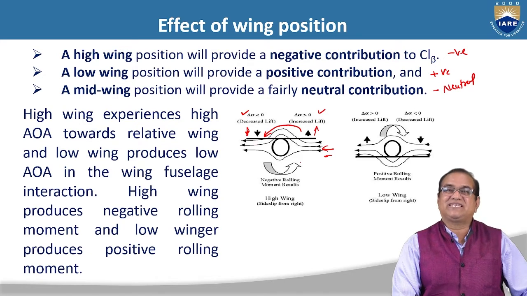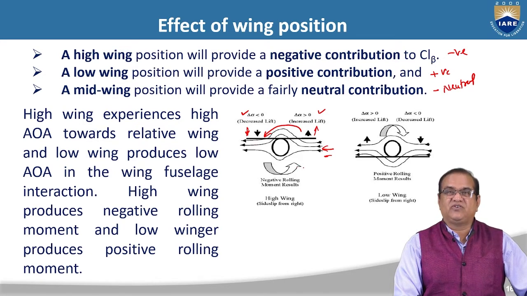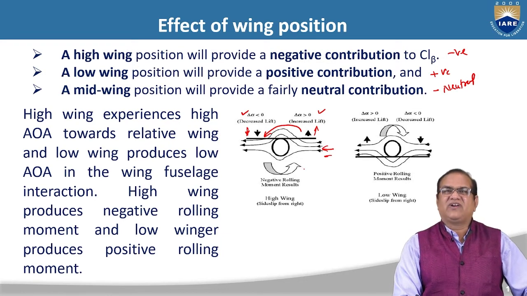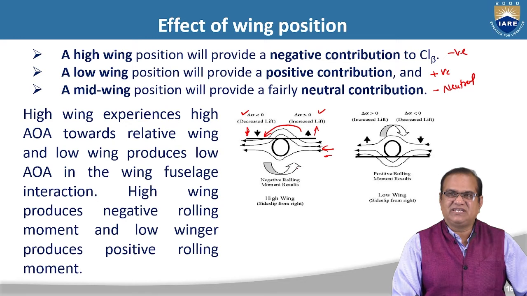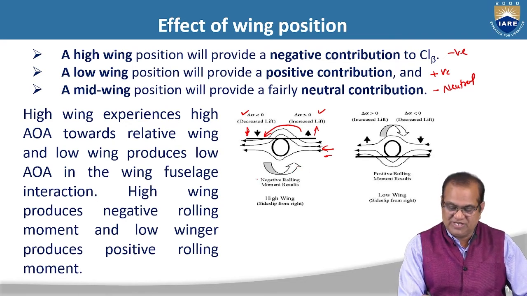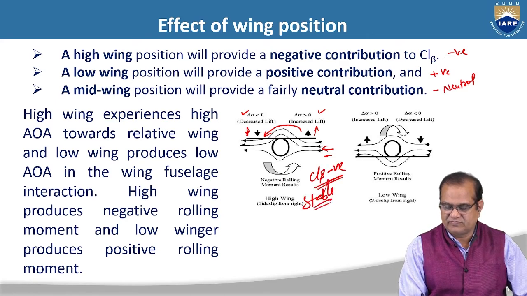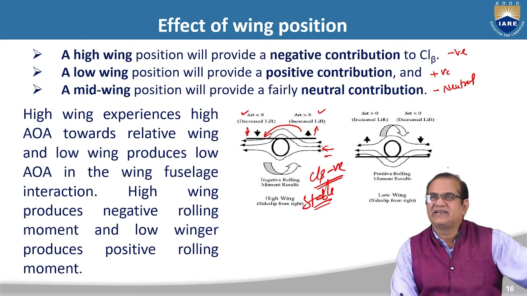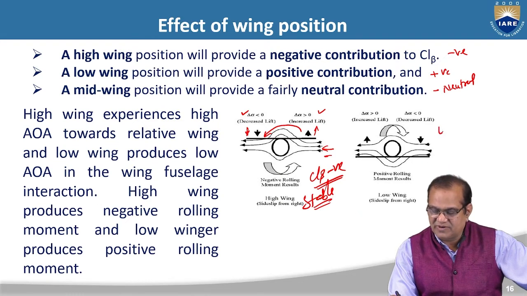So the high wing experiences a high angle of attack toward the relative wind, and the low wing produces a low angle of attack in the wing-fuselage interaction. So this high wing produces a negative rolling moment. So here you will have CL beta negative. So it is stable. And here it is unstable because CL beta is positive.